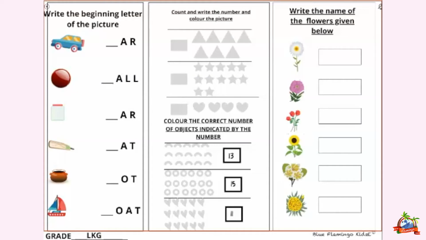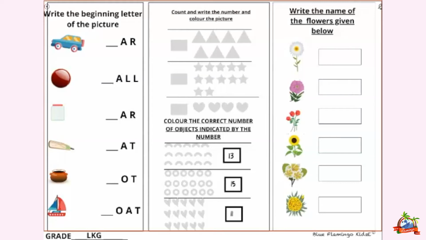D for drum. E for eagle. F for fan. G for grapes.